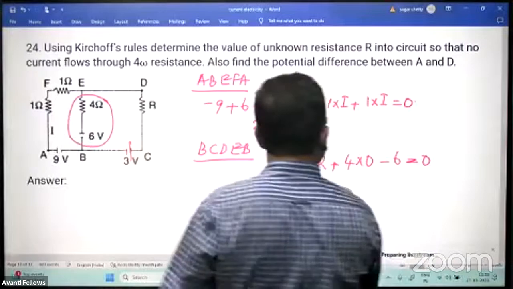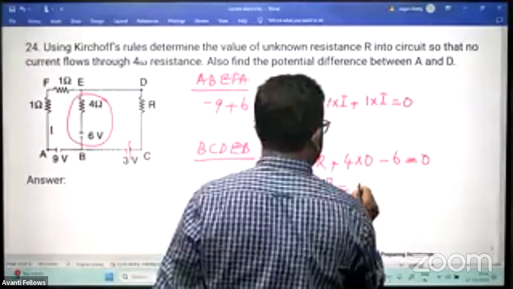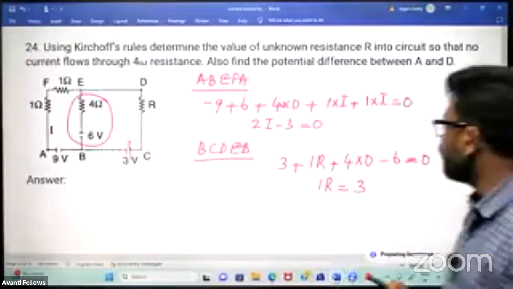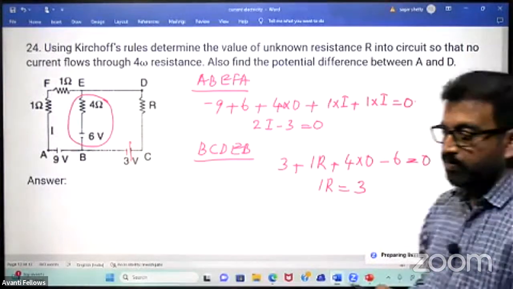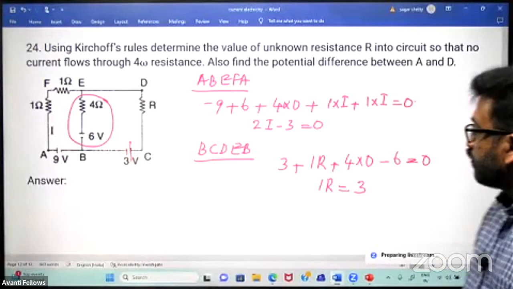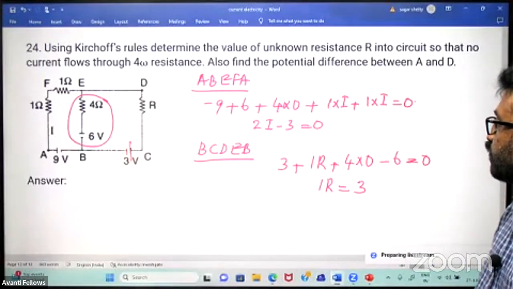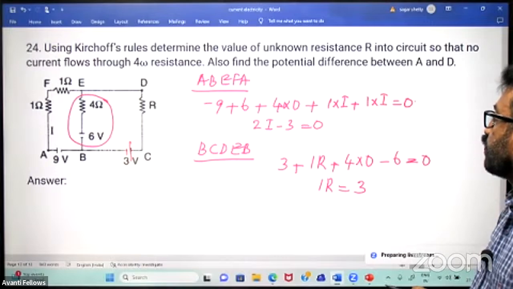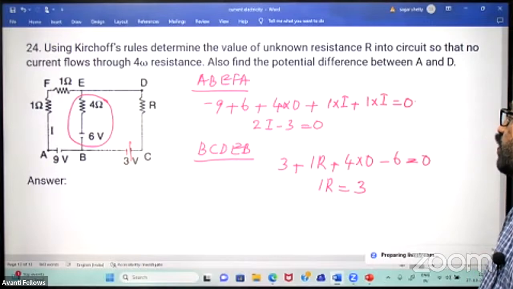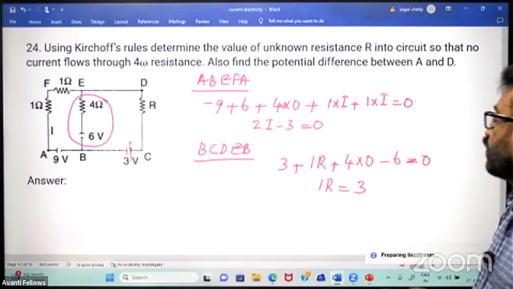So this will reduce to IR equals 3. From the previous equation, we will get I as 1.5 ampere.